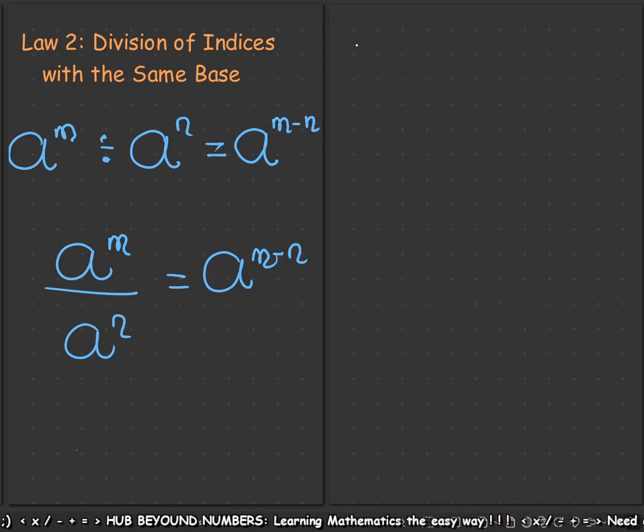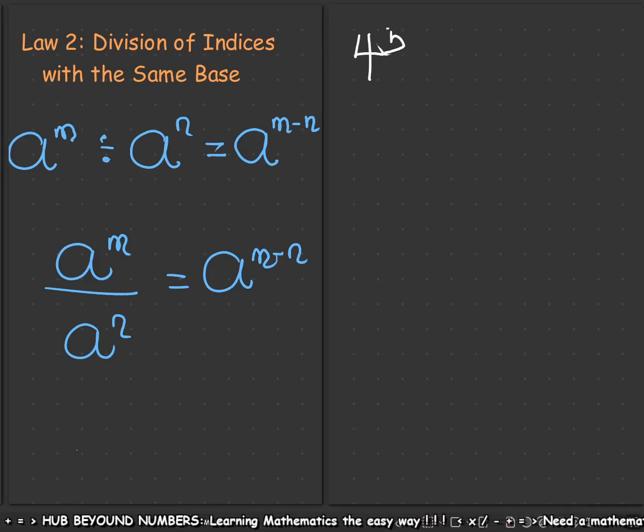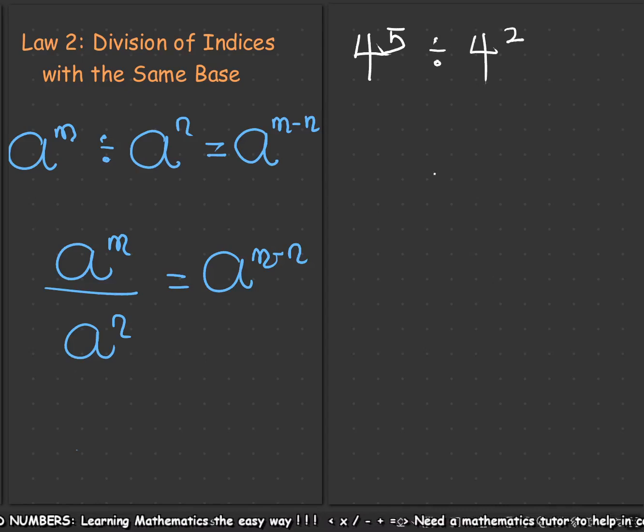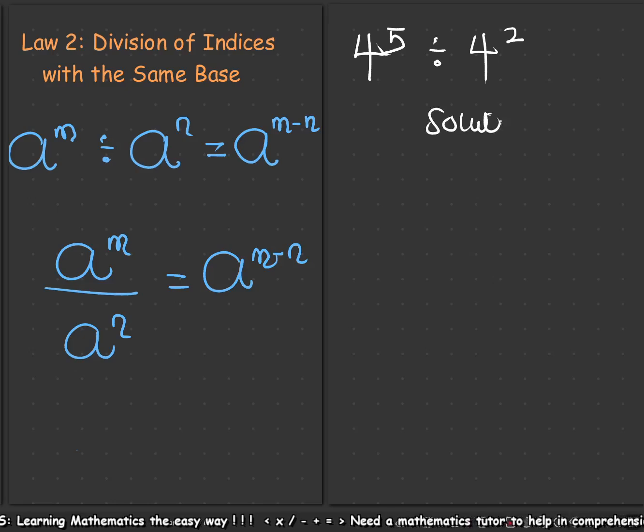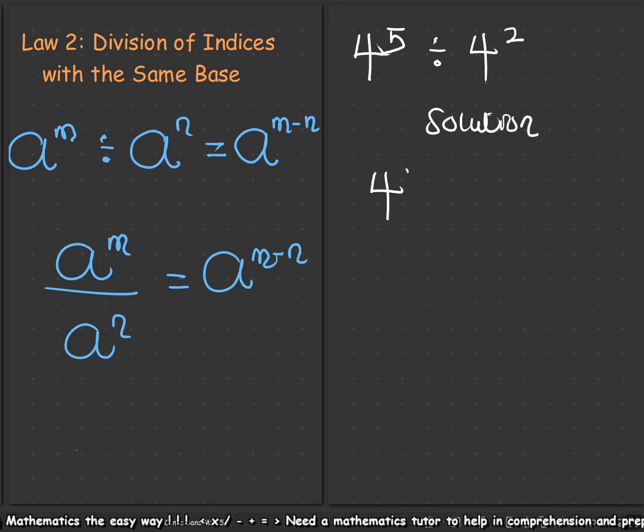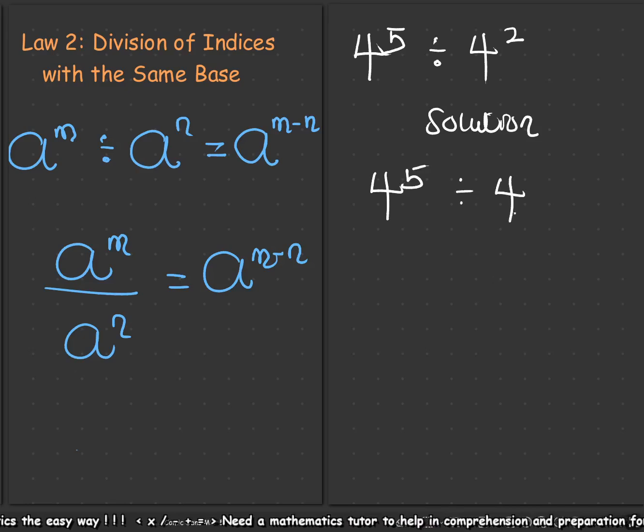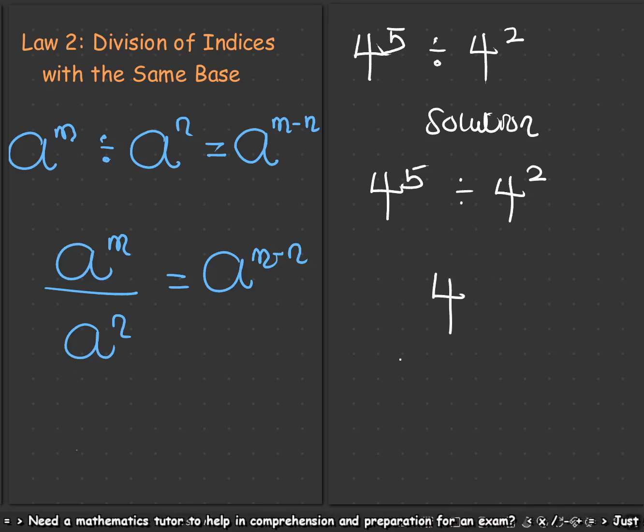For our first example, we have 4 to the power 5 divided by 4 to the power 2. Our solution: 4 to the power 5 divided by 4 to the power 2. The law is saying since the bases are the same, we just write one of them.